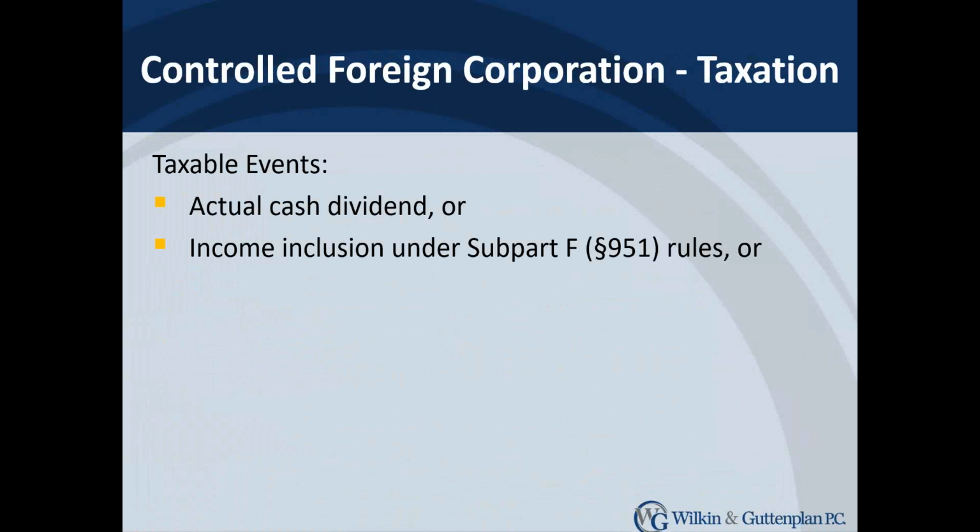So Subpart F essentially triggers income earned overseas to be taxed in the U.S. without having an actual cash distribution. Vinay likes to call this preventing bad behavior by U.S. corporations or U.S. taxpayers, and the system certainly has done that. So with that, I want to throw it back to Vinay. Maybe he wants to add something here.